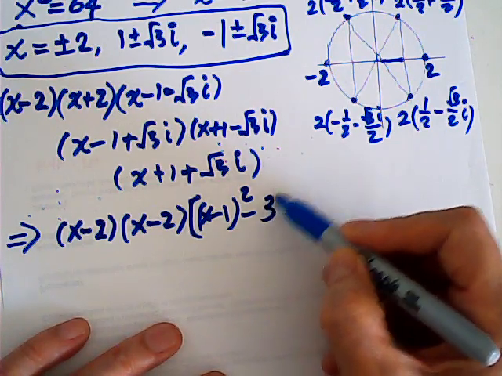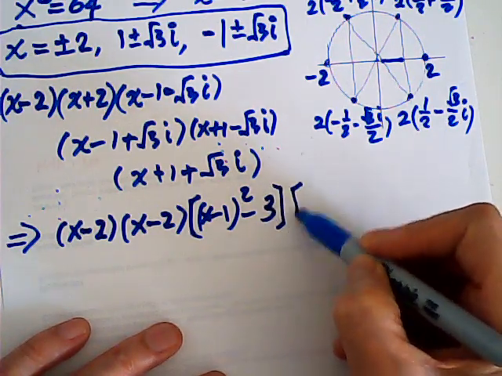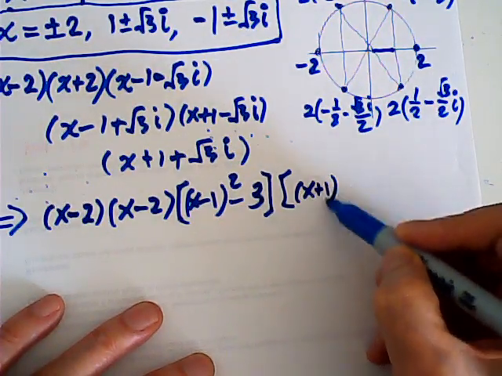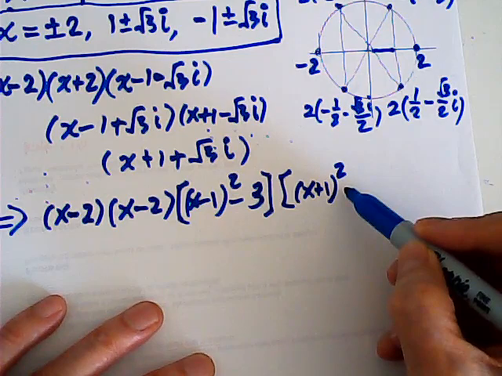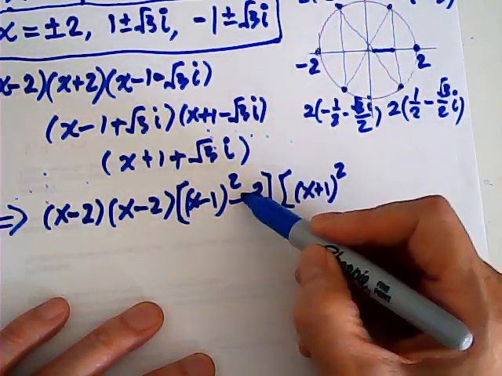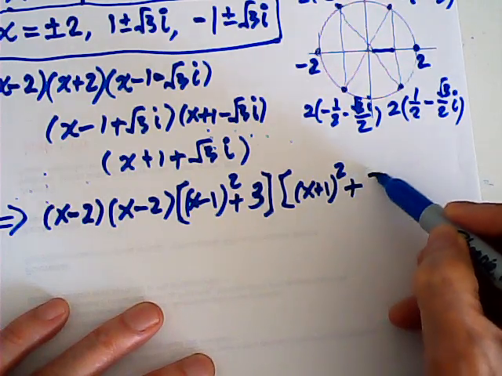Yeah, plus 3. And this becomes (x plus 1) squared minus (root 3 i) squared, which is also plus 3.